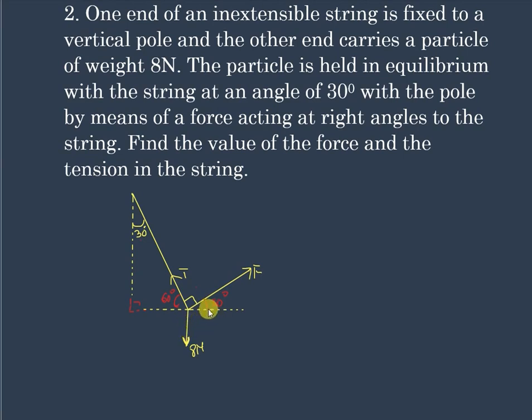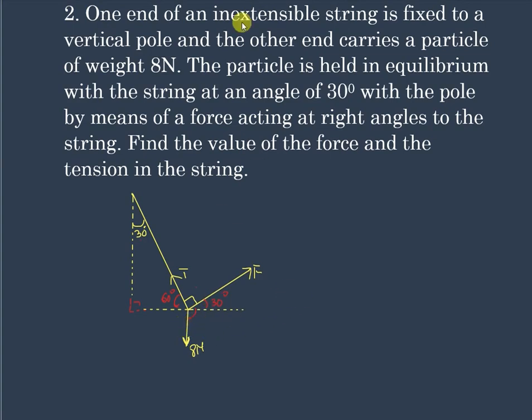This one being 30 and this one 90, we are going to use this angle as 120. Then you also need to use this angle as 150. So in Lami's theorem, F is opposite an angle of 150 and T is opposite an angle of 90 plus 30, which is 120.